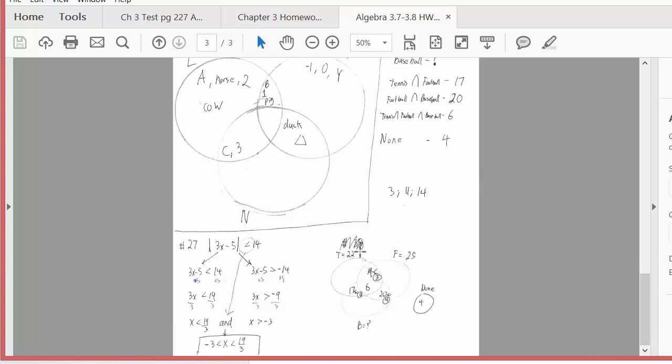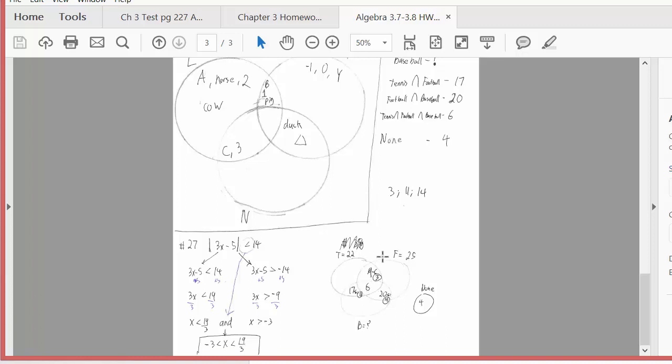So let's look at the people who liked. So I know 22 people like tennis. You might think the people who like tennis and football, if you look at this, is 17. But here's the thing, the 17 is the people who like tennis and football, but it doesn't exclude the people who maybe also like baseball. So for the first question, the ones that like only tennis and football, well, there's 6 people who like all three.